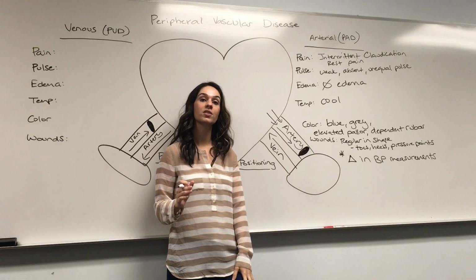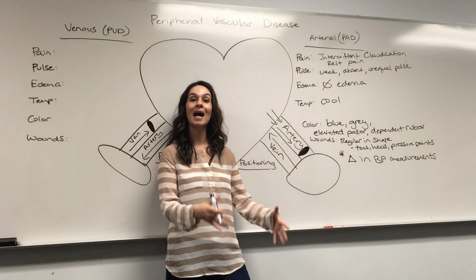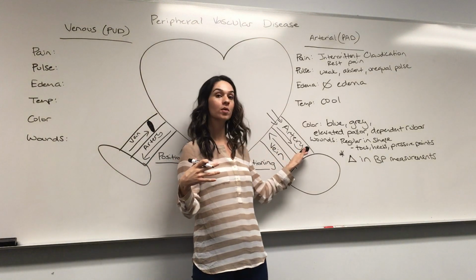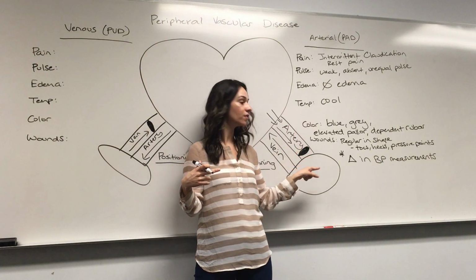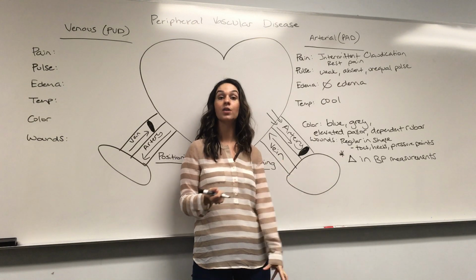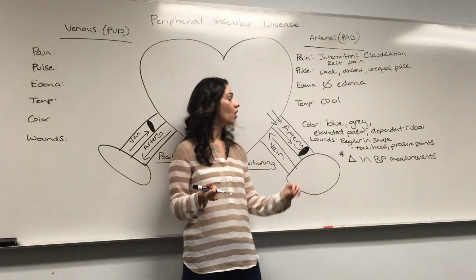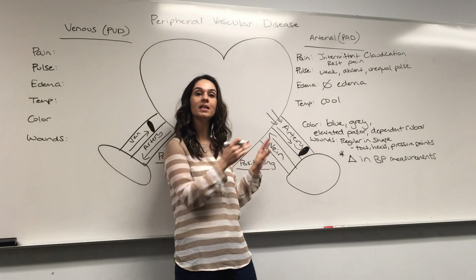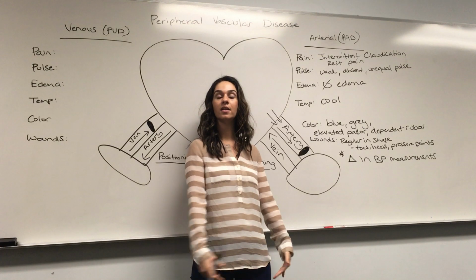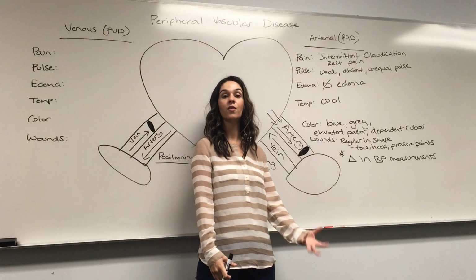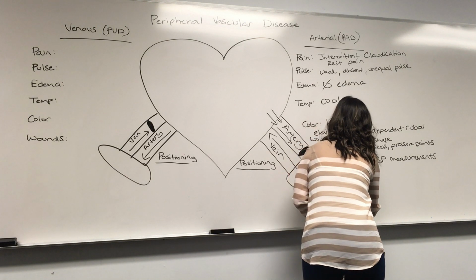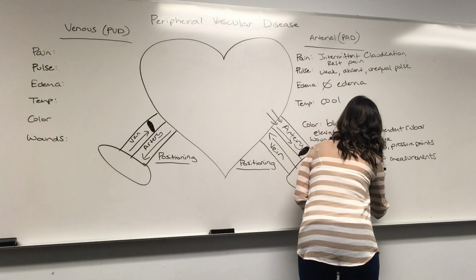Typically, when you take a blood pressure in the lower extremities, it's always higher than the upper extremities. Well, we have a disorder that is impairing blood flow to our lower extremities if they, for instance, had an occlusion in their leg. So with arterial disorders, you typically see blood pressure measurements lower in the bilateral lower extremities versus the upper extremities.